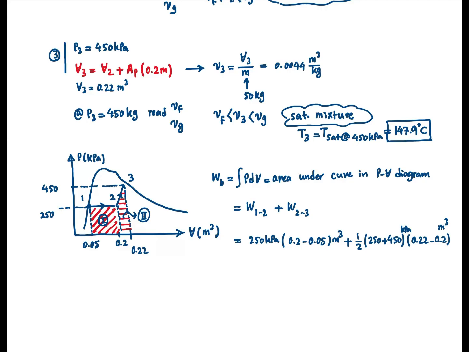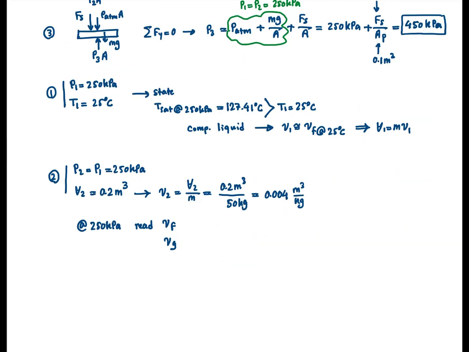And at the very end, we know that 1 kilopascal meter cubed is 1 kilojoule, so we do not need any conversion factor. The total boundary work will be 44.5 kilojoule. A specific volume in state 2.